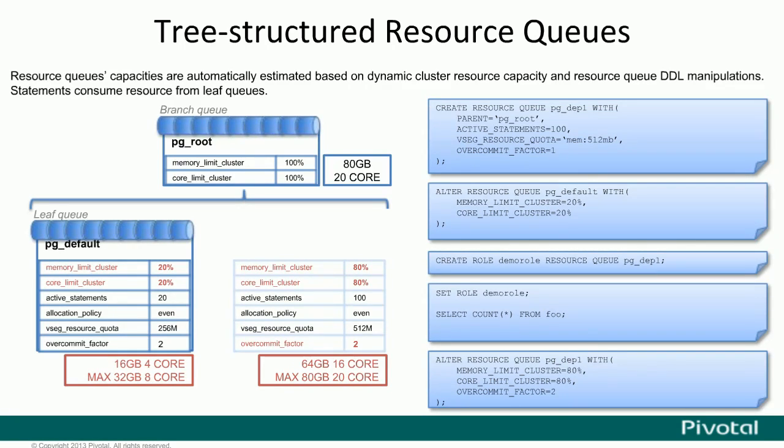So we'll show an example of this in the demo itself. But it looks a lot like the Capacity Scheduler model, and it really is sort of the same in that respect. All right, so let's take a look at the demo.